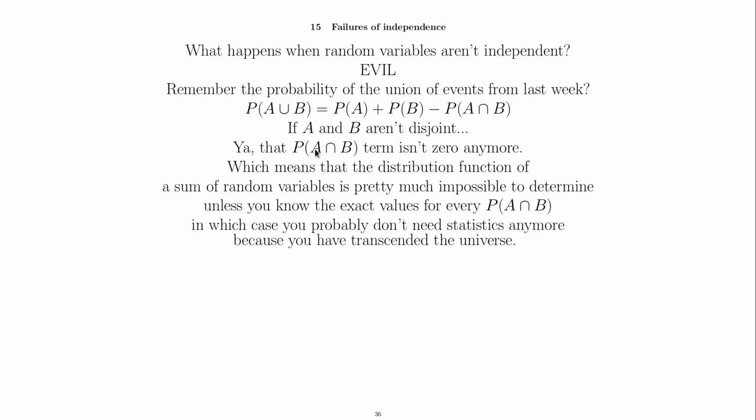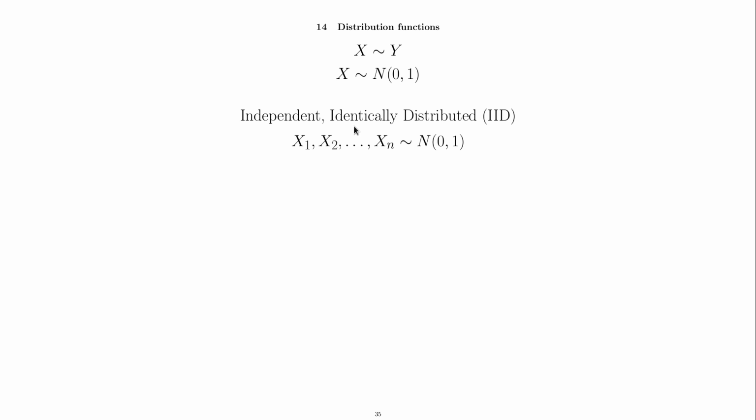Right, and it means that if these weren't independent, then you would have to know a giant matrix of x1 all the way up to xn, and here you would have x1 all the way to xn.